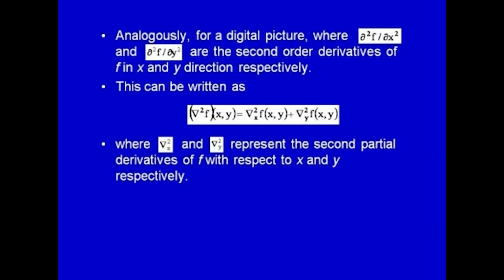Analogously, for a digital picture, these are the second order derivatives of f in the x and y direction respectively. So, this can be now written as the second derivative of the function at location x, y, which is equal to the second partial derivative of the function f with respect to x plus the second partial derivative of the function f with respect to y respectively.